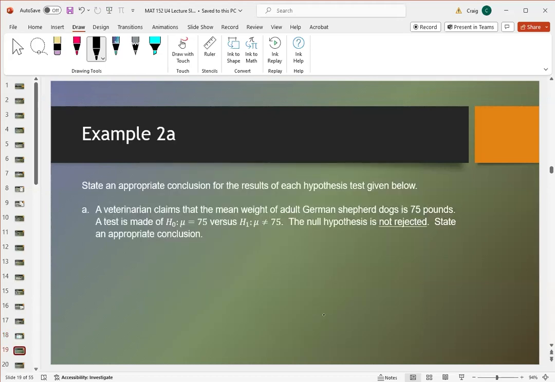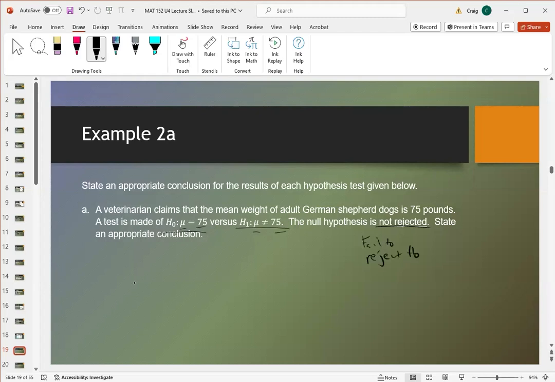So let's talk about just some conclusions real quick. The veterinarian claims the mean weight of adult German Shepherds is 75 pounds. A test is made for our null, which states that the mean is equal to 75 pounds, and the alternative states that the mean is different from 75 pounds. The null hypothesis is not rejected, so we fail to reject.